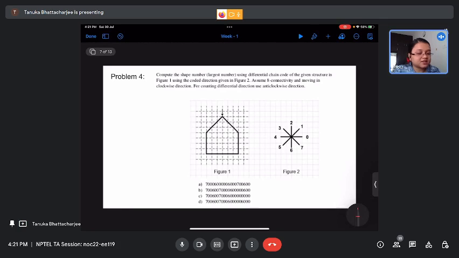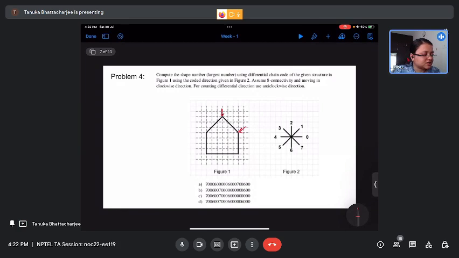But the thing that still remains is what point you choose as the starting point, that will change your code. If you start from this point, you will get one code, but if you start from this point, you will get some other code. So, the next thing that we have to combat this issue is the shape number.